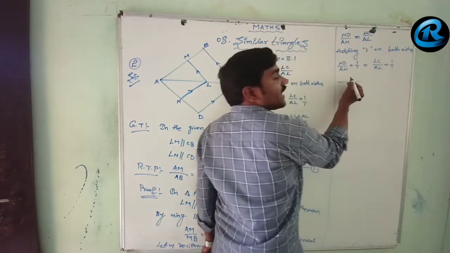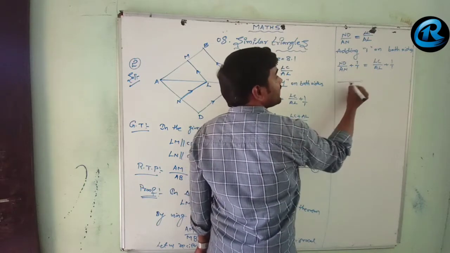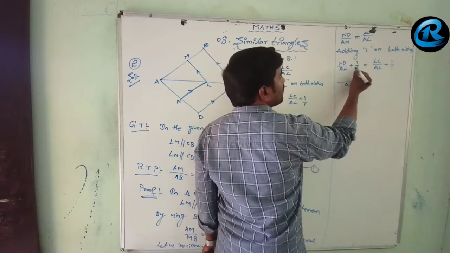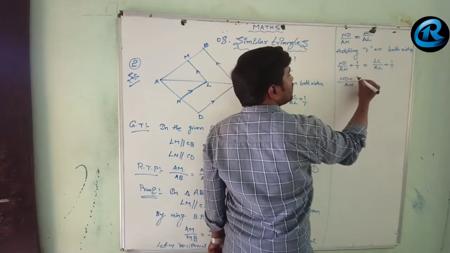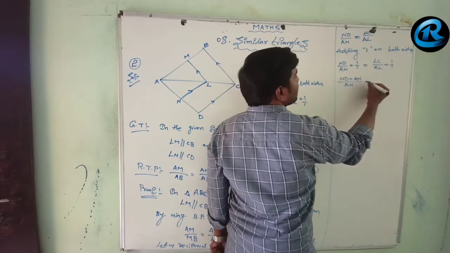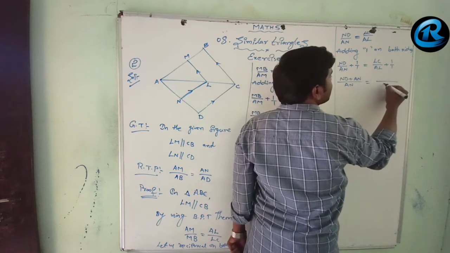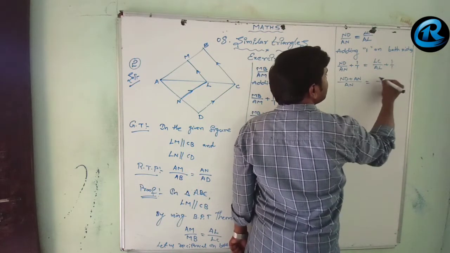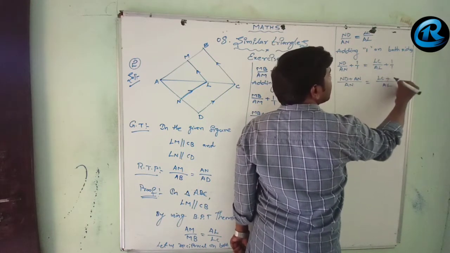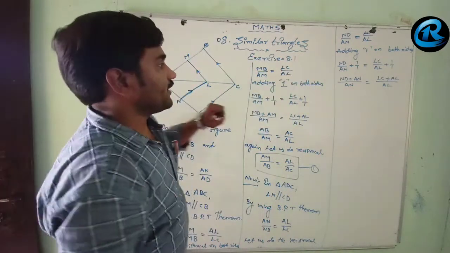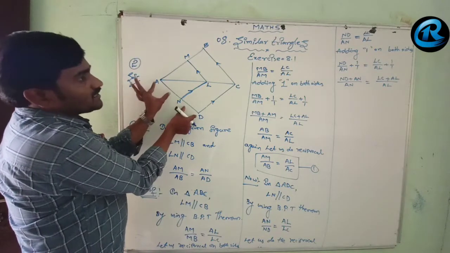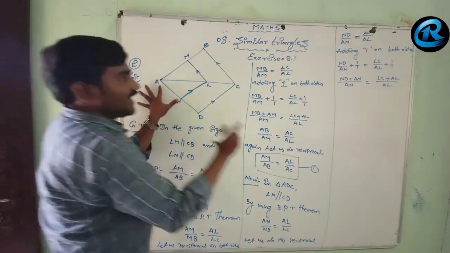Let us do the cross multiplication. AN into 1, that is AN. 1 into ND is ND, plus AN into 1, that is AN. That is equal to AL into 1 is AL, 1 into LC is LC, plus AL into 1 is AL. Now what we got in the numerator? ND plus AN equal to AD.